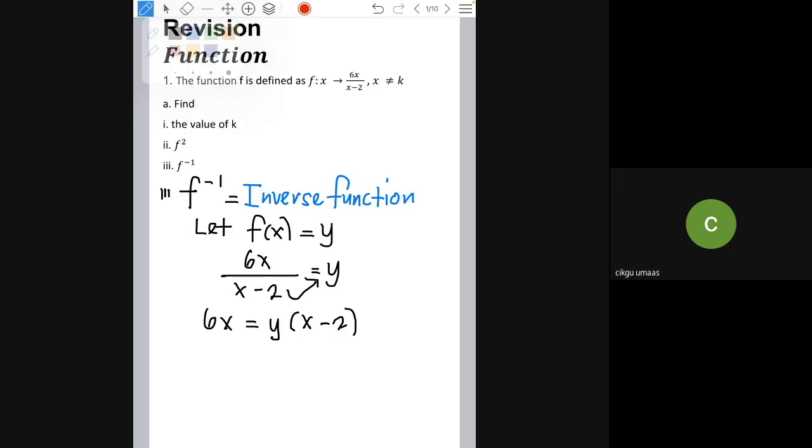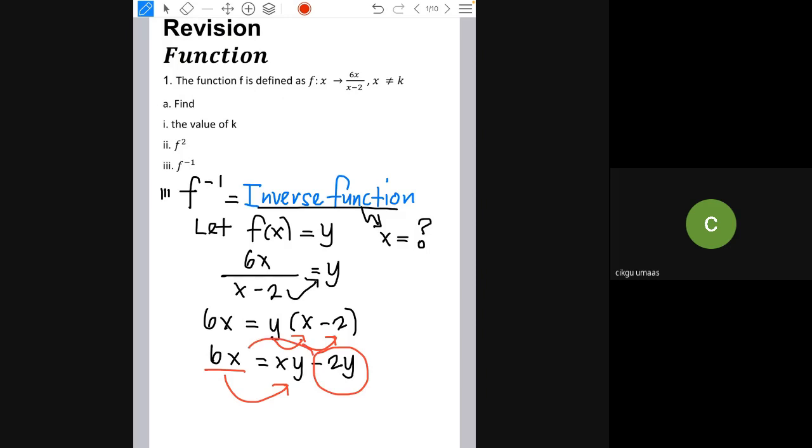Expand the bracket. When you want to find inverse, just take note, you are supposed to make x the subject. So when I expand, I'm going to get xy minus 2y equals 6x. Since I need to make x the subject, I move all the x to one side, the non-x to the other side.